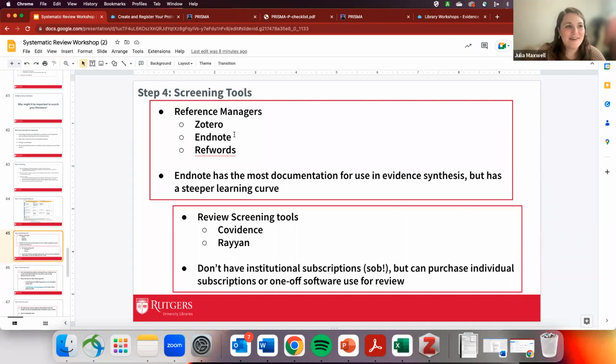I love Zotero. So EndNote has more documentation on how to use it for a review. However, at this institute I was just at, some of the folks there were saying that they've seen a lot more resurgence of Zotero being used for systematic reviews.